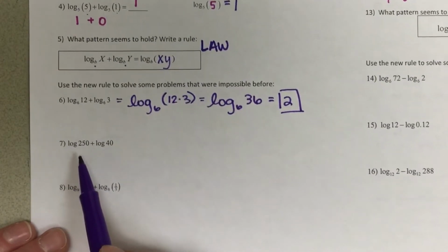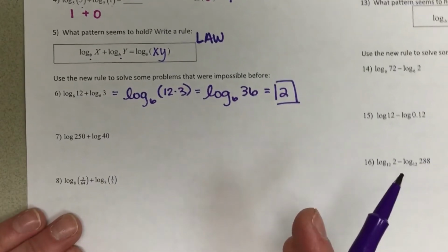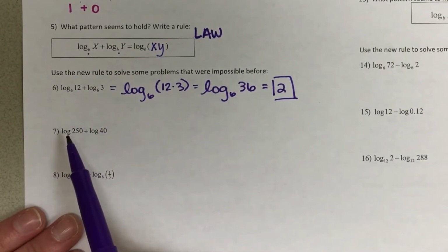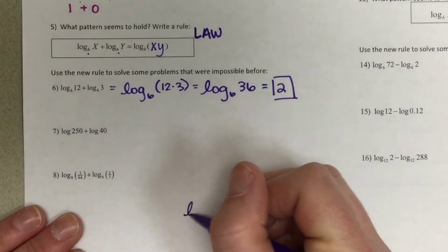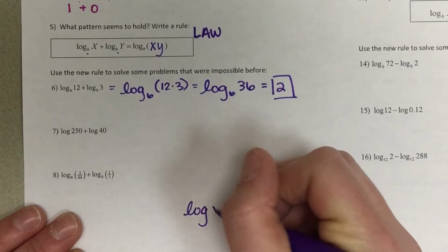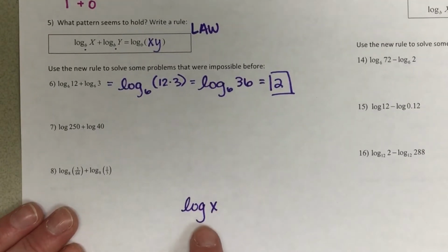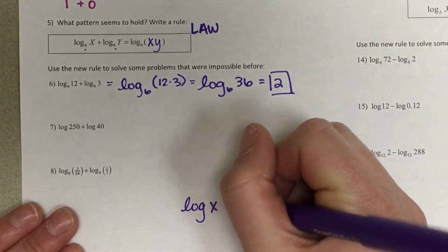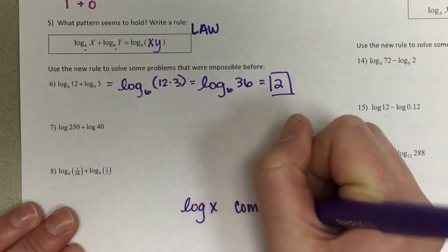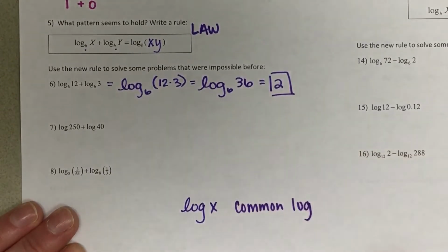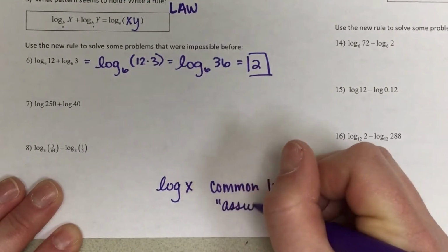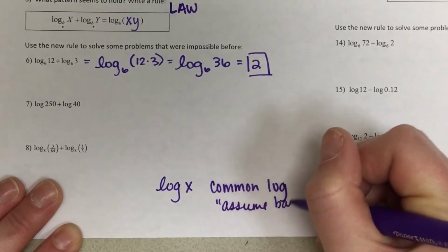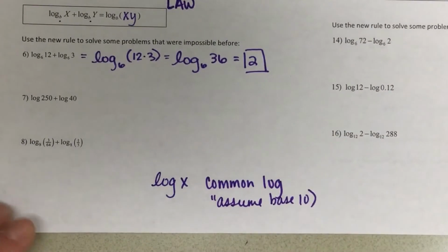Now in this next one, this brings up something that we haven't totally discussed yet. When you take a look at number 7, do you see how there's no base here? That's because when you have a log and you don't see the base written, this is what we call the common log. When we have the common log, we assume base 10.